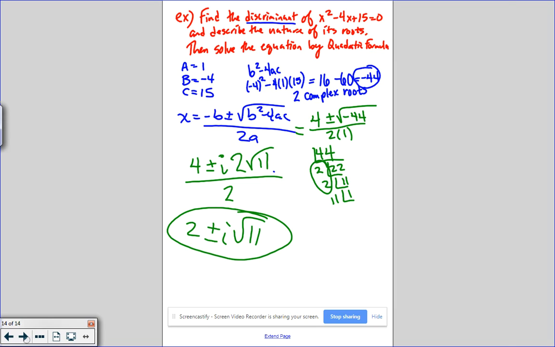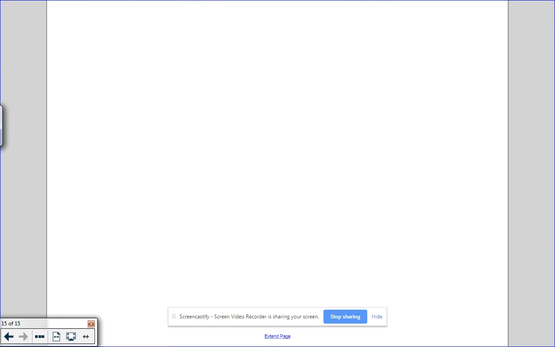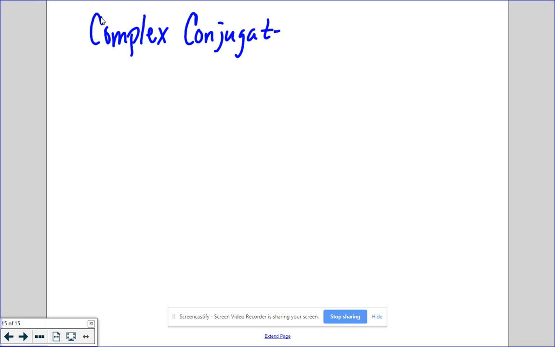Last thing I want to make sure we remember. And we've talked a lot about this already. I just want to make sure we remember what that is. So, what is a conjugate? They're just opposite, right?